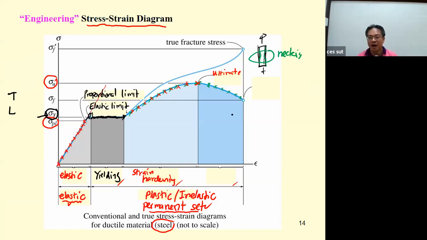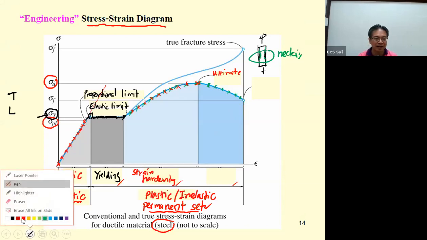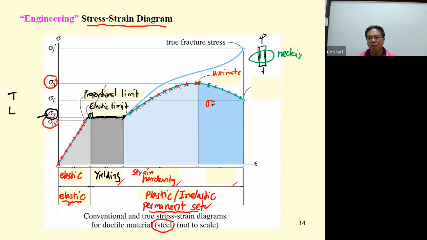When we compute the stress in this region, we still compute it by the force divided by the original section, which is larger than the real section. That means the computation gets a little bit incorrect. But since engineers usually work in the earlier portion of the stress strain diagram, this behavior is not that important.